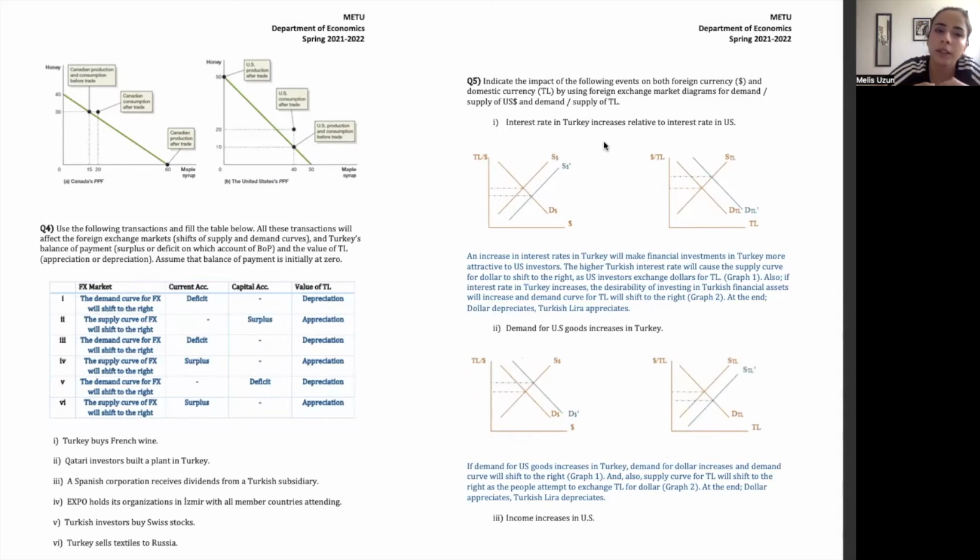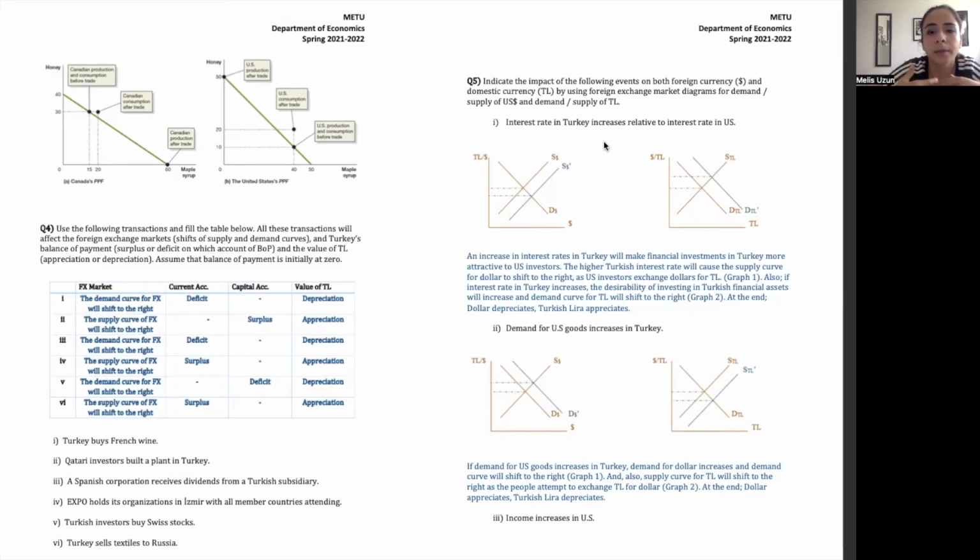So if the interest rate in Turkey increases, the investors will find it more attractive to invest in Turkey because it is higher. So they will come to Turkey and start to invest in Turkey.